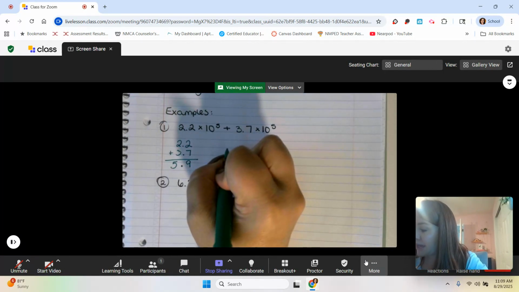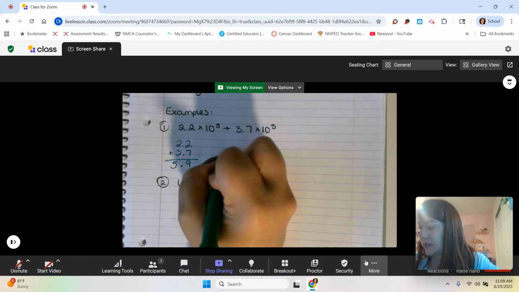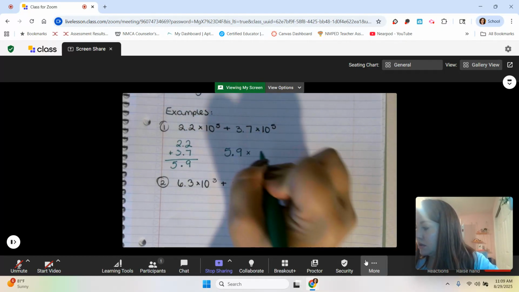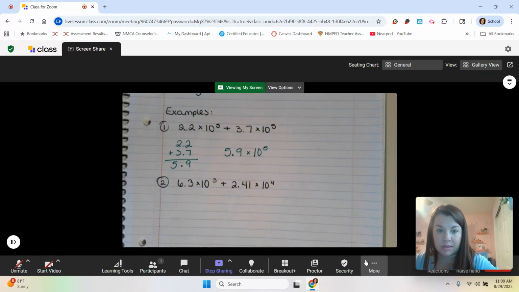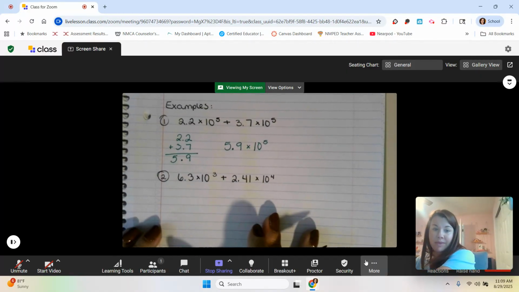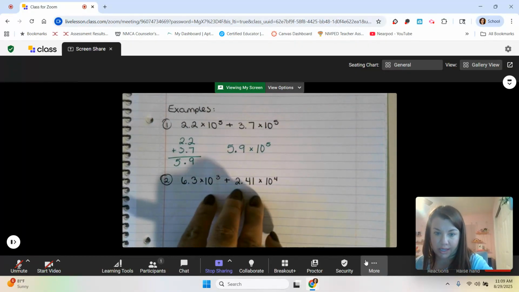So my coefficient, or my decimal value, is 5.9. Multiplication symbol, and since they had the same exponent, then you just bring it into the answer. And that's it. That's not bad, right? Those are the same steps we just followed at the top of this paper. Like I said, it's when we get to these other values that things get a little tricky.